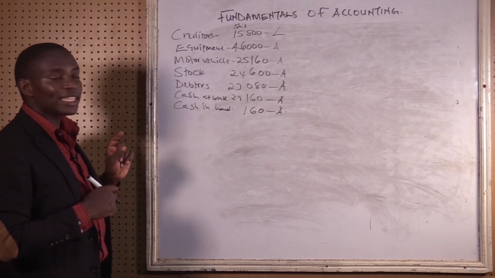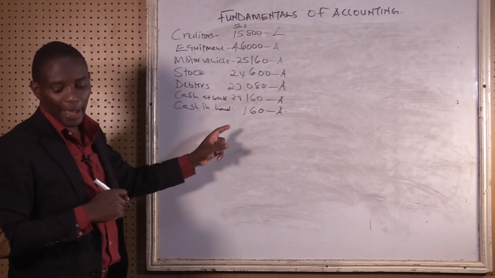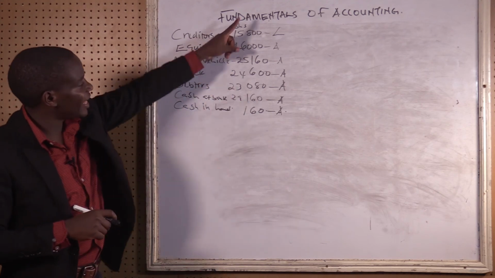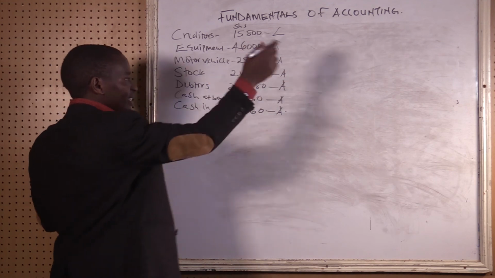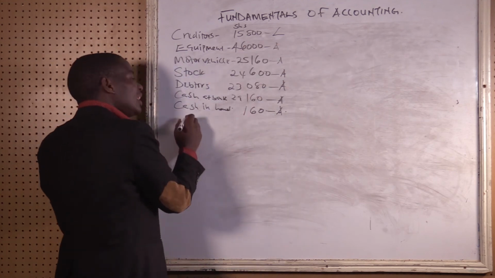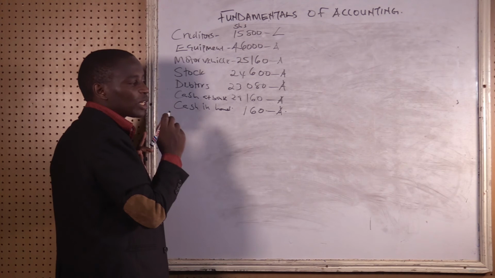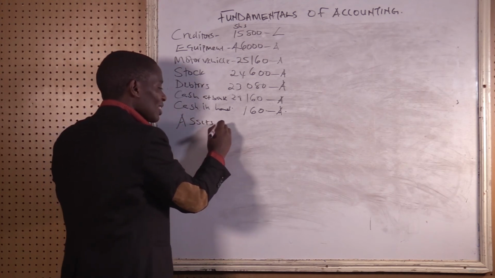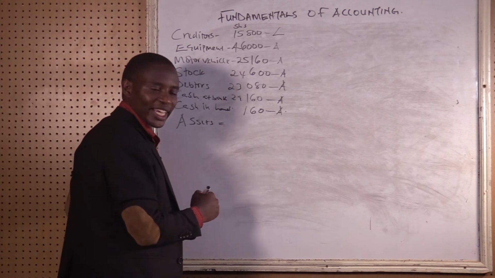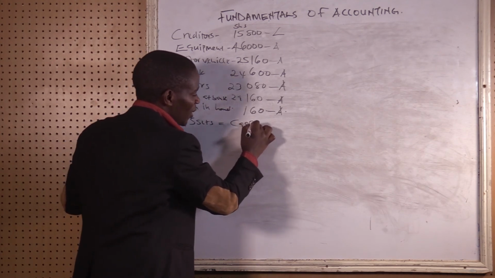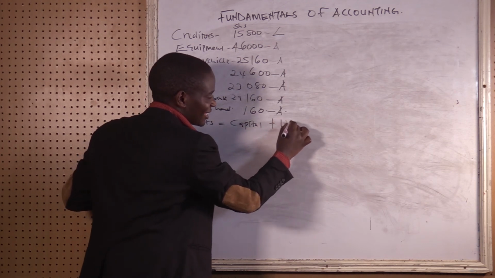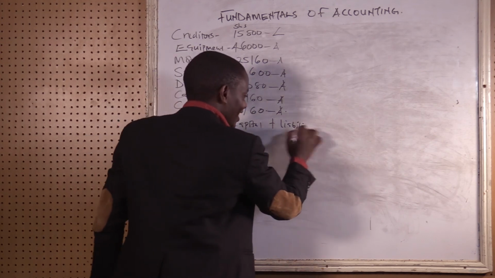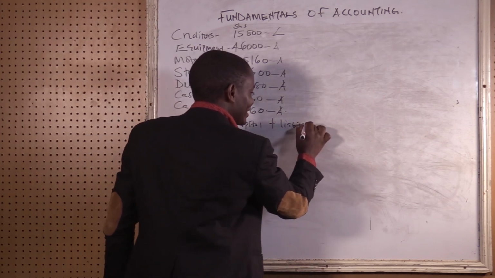In this question, there is something that is missing, and that is capital. That's what the question asks us to get. So just like we did in the other case, you write the bookkeeping equation, whereby assets is equal to capital plus liabilities.